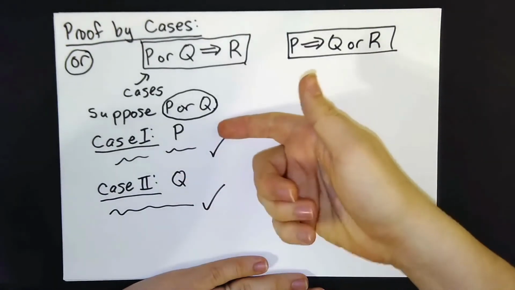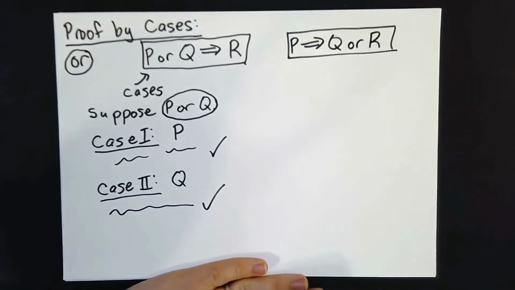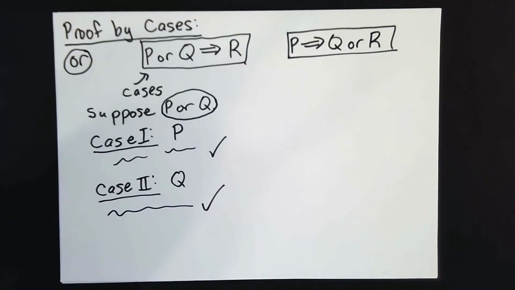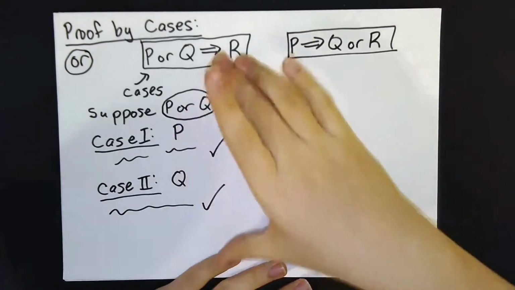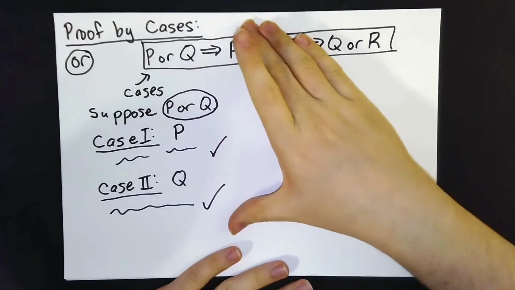Because this proof works as long as P is true, and this proof works as long as Q is true. If P and Q are both true, what have you done? Well, you've really proven the result twice. And proving the result twice is not better than proving it once, but it's certainly at least as good as proving it once. So this is the structure that we'll tend to embrace here.